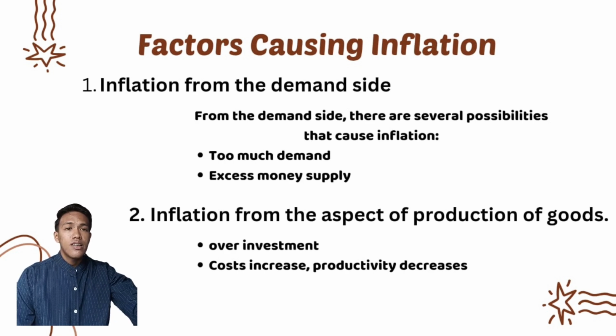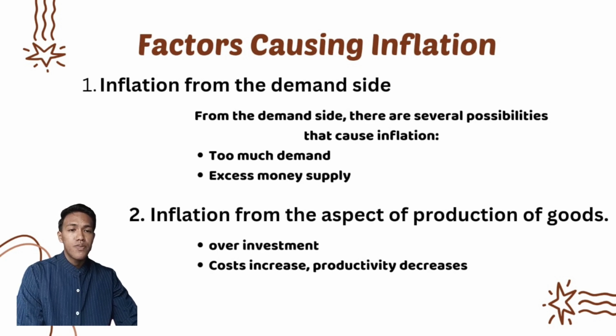Next is excess money supply. So for the excess money supply, this occurs when the government spends more than it collects in tax, resulting in a need for additional money to finance its expense.